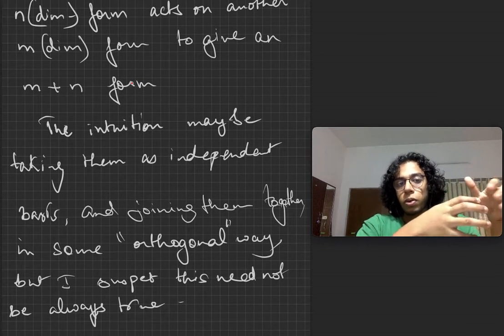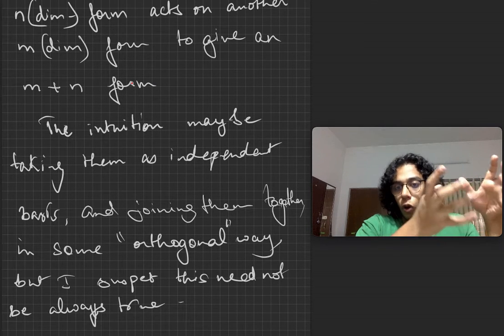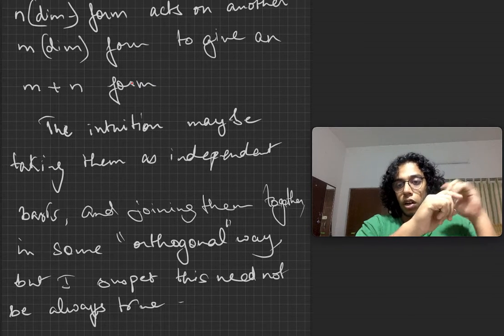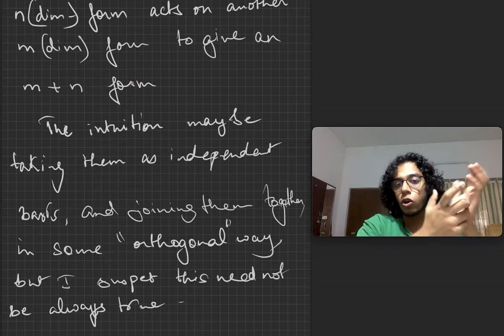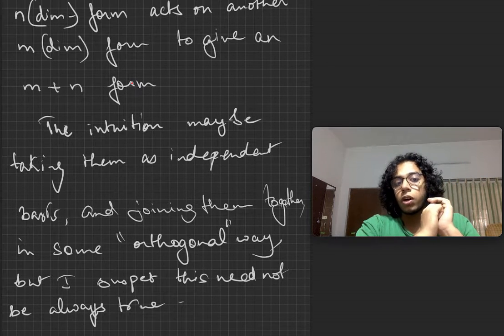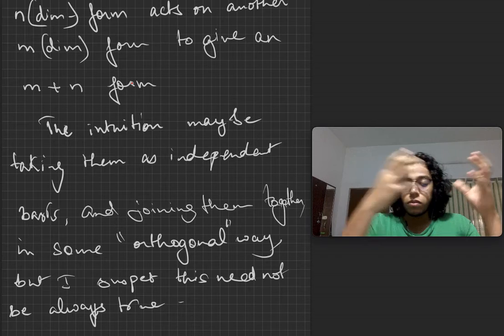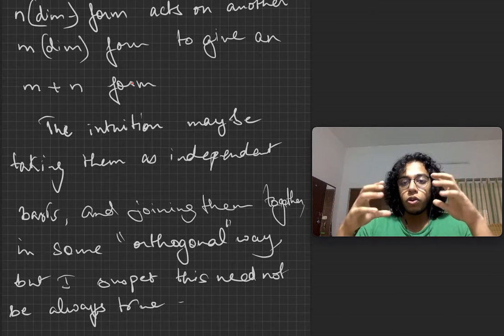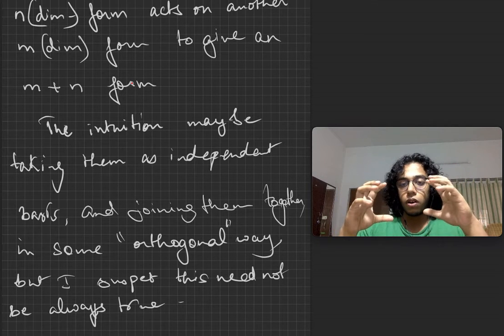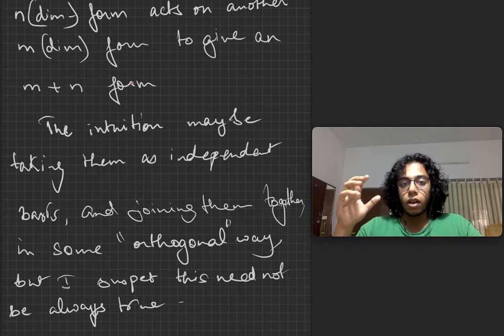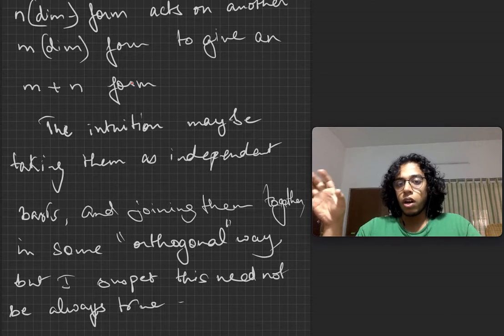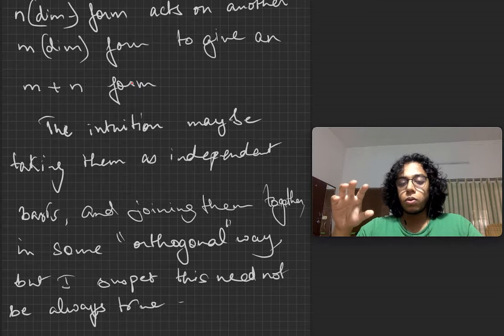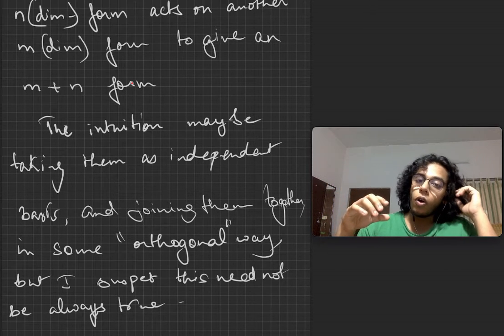It need not be an orthogonal basis, because you can have a parallelepiped, but you need to have an n plus m dimensional form at the end of the day, which is basically the volume of the new n plus m dimensional parallelepiped. So that is what forms are.